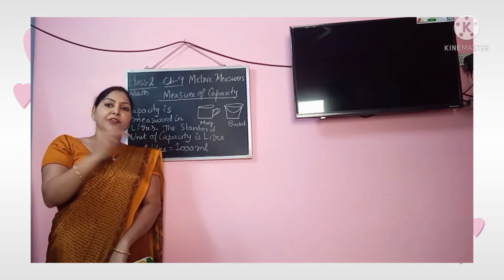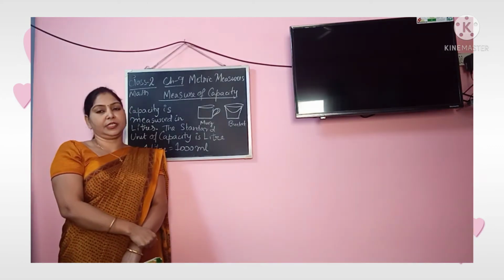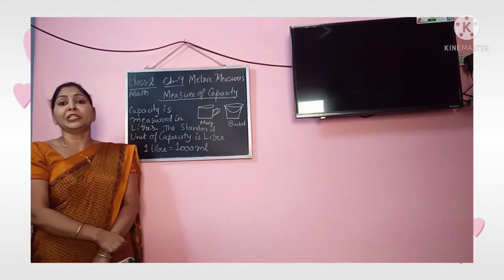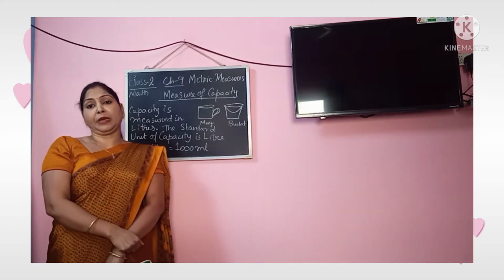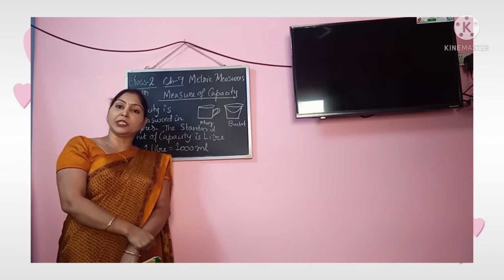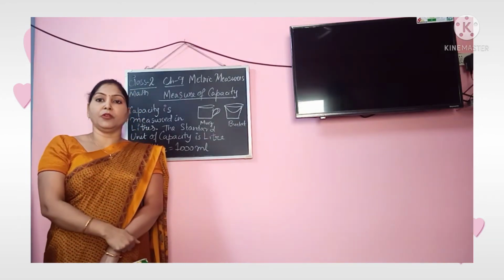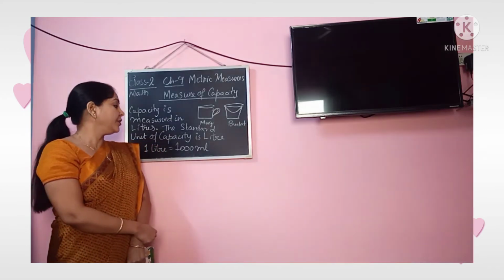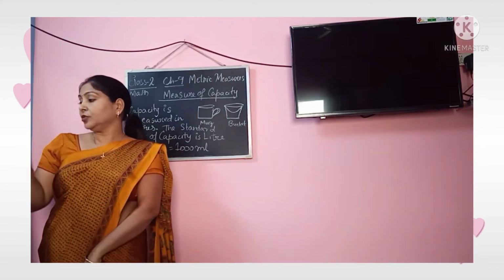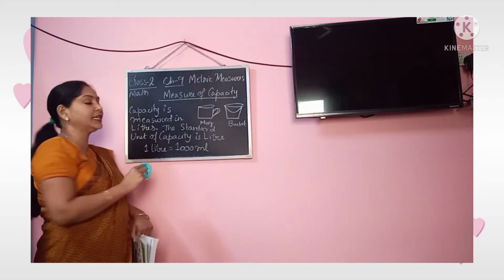That is, half of a liter is 500 milliliters. So to measure a small quantity of capacity we use the milliliter unit, and when we have to measure a big amount of liquid, then we use the standard unit liter.